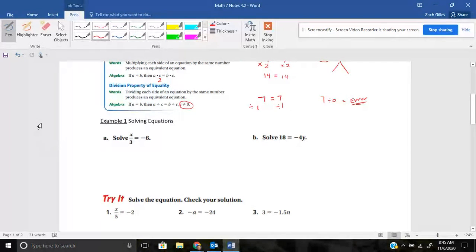It says for letter A, solve x divided by 3 is equal to negative 6. So what number, when we divide by 3, will give us negative 6?